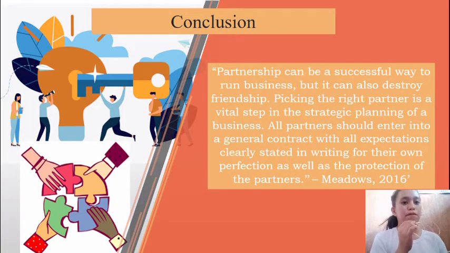Before I end this topic, here is the conclusion. According to Meadows 2016, partnership can be a successful way to run a business, but it can also destroy friendship. Picking the right partner is a vital step in the strategic planning of a business. All partners should enter into a general contract with all expectations clearly stated in writing, for their own protection as well as the protection of the partners.